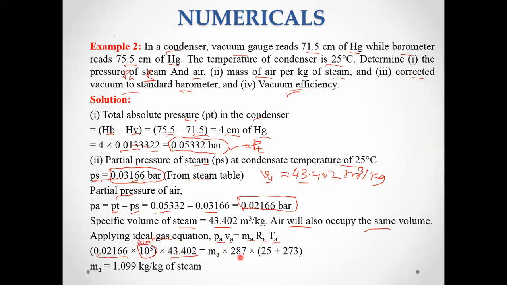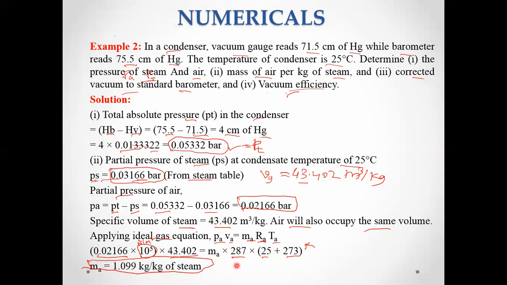Then RA is how much? It is the gas constant for air. So I'll write it as 287. Then temperature is 25 degrees Celsius, 25 plus 273, so this will give it in terms of Kelvin. So finally I will get the mass of air as 1.09 kg per kg of steam.